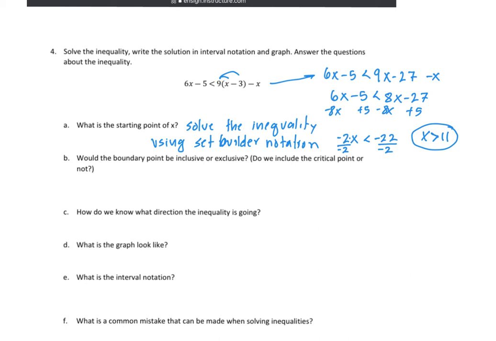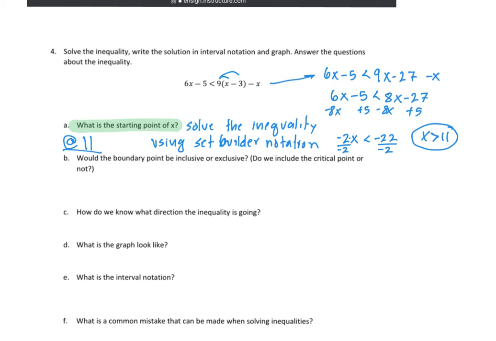That is our starting point. So when it asks what the starting point for x is, we are just going to say it starts at 11. Okay? That's our critical value, or our starting point, or our boundary point. We want to think about that boundary point, though. I have x is greater than 11. Would that boundary point be inclusive or exclusive? Are we going to include 11 on our graph or exclude it?